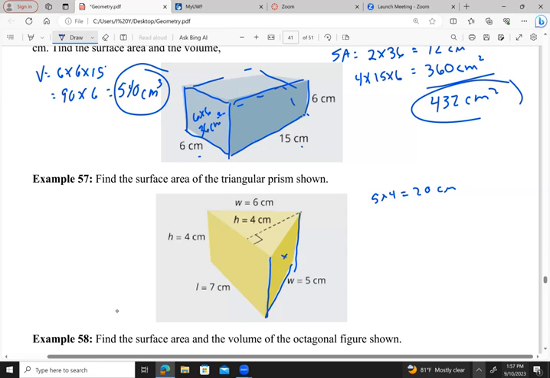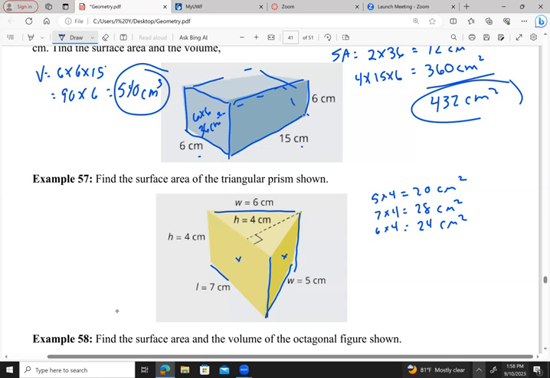That's this one. Here, this is 7 centimeters by 4, which is 28 square centimeters. And this back one is 6 by 4, which is 24 square centimeters. So that gives me the sides. Now I need the height for the triangles.